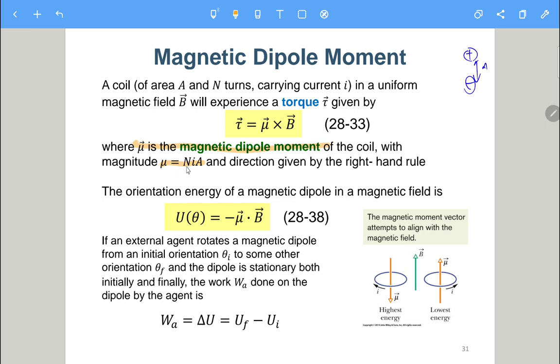Mu equals capital N times IA. Which means that if the current is larger, then the mu is larger. If the area is larger, the mu will also be larger. Of course, with the capital N, if you have more turns, then the dipole moment will also be larger. So we have mu equals NIA.